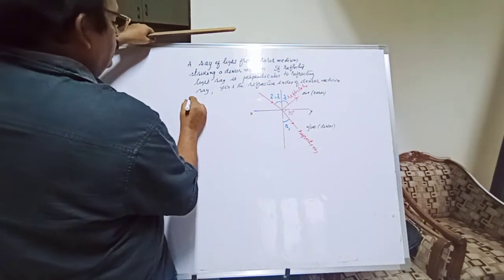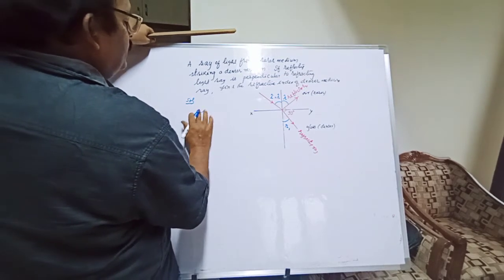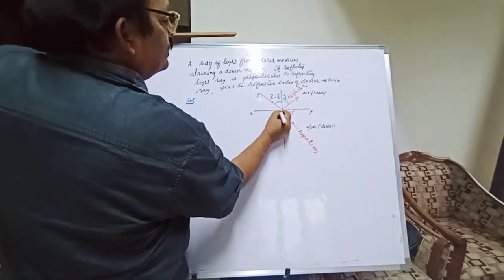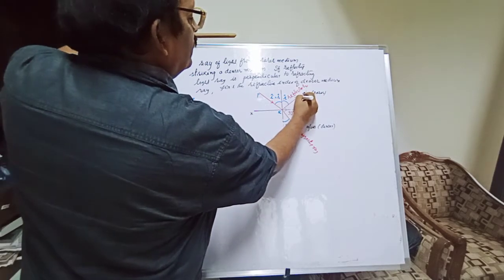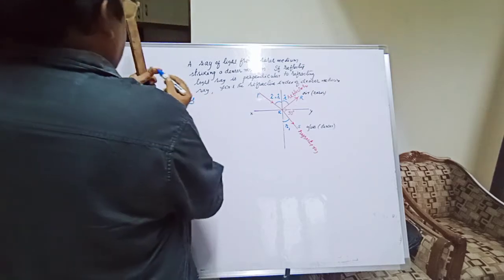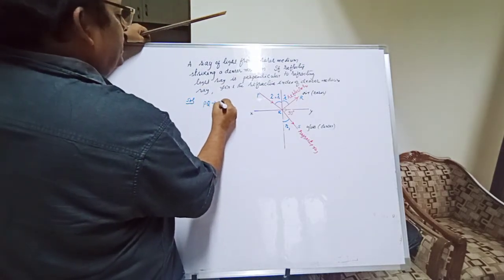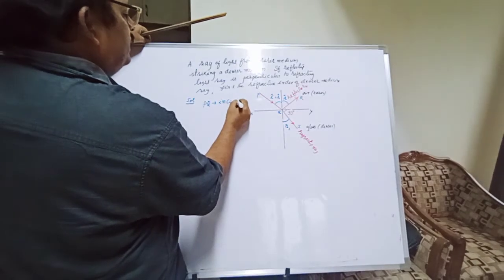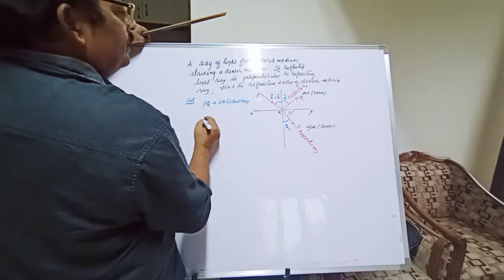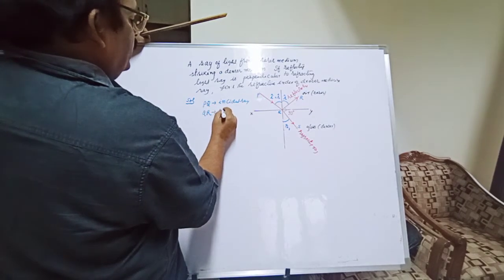Solution. PQ is the incident ray. This is P, this is Q. QR is the reflecting ray, and QS is the refracting ray. PQ, incident ray. QR, reflecting ray.